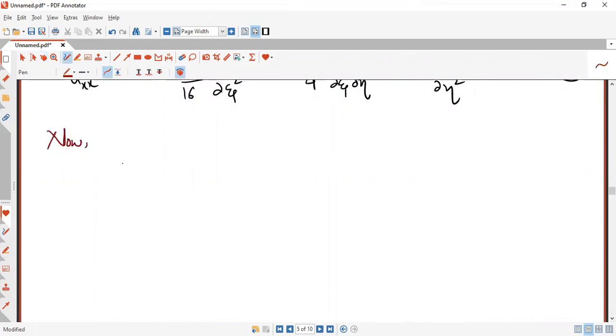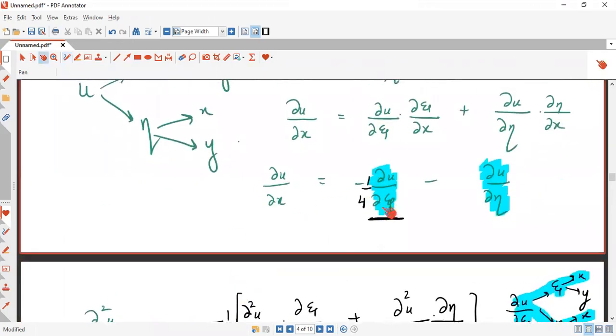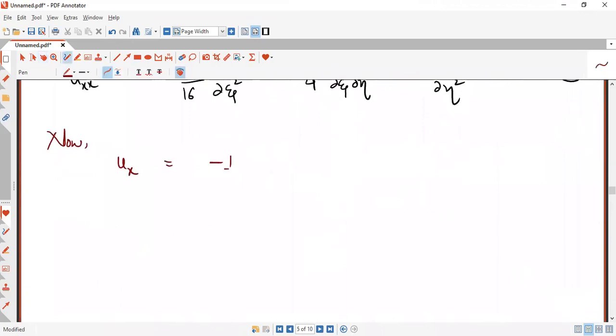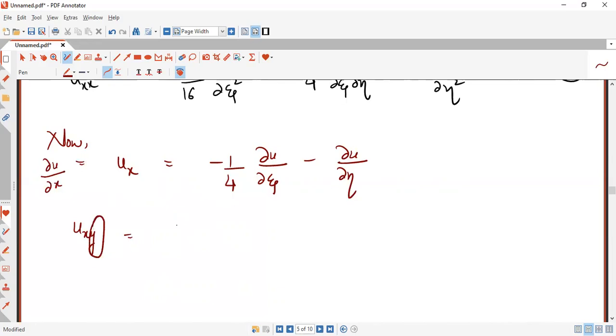Now, ux was what? ux is minus 1 upon 4 ∂u/∂ξ minus ∂u/∂η. Now I have to find uxy. That means this ∂u/∂x, I am going to differentiate with respect to y, ∂²u/∂y∂x.